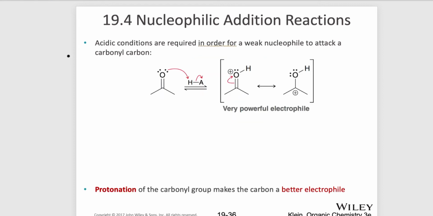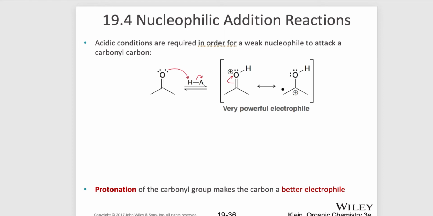Next slide. We're looking in more detail. Acidic conditions are required to really make it easier for the carbonyl group to be attacked. And here you have it again. This is just a generic placeholder, HA, and you're going to form an oxygen with 3 bonds and a positive charge. Pardon me, positive charge here, and there's an equilibrium.